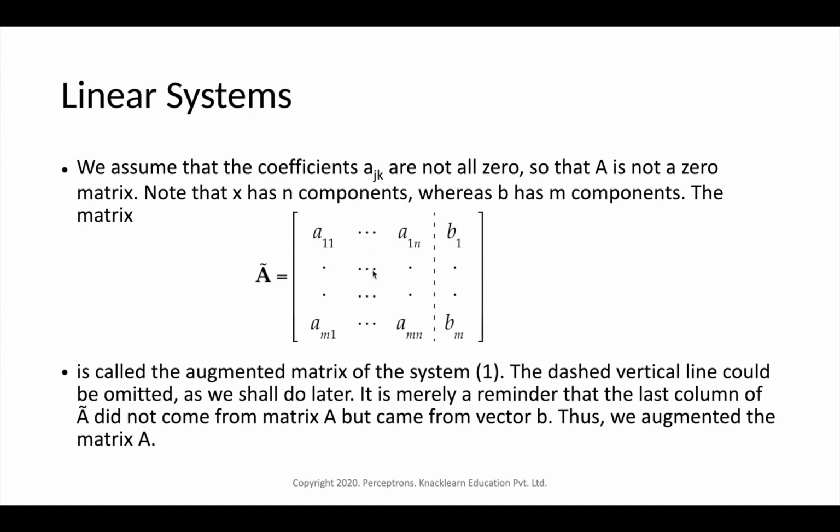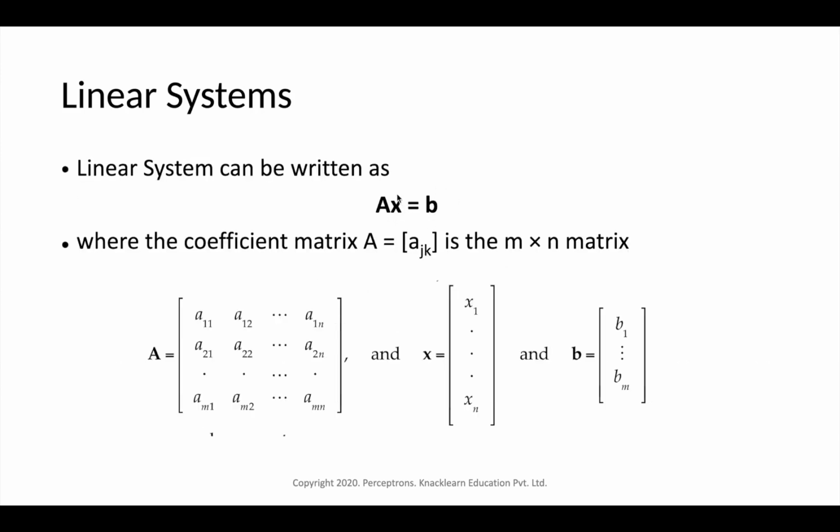Similarly, I have a21 till a2n, with the solution b2. This is my second equation. Like that I can have multiple equations, and within each equation we have certain unknowns. Here x is the unknown, A is the matrix, and b is the solution vector.